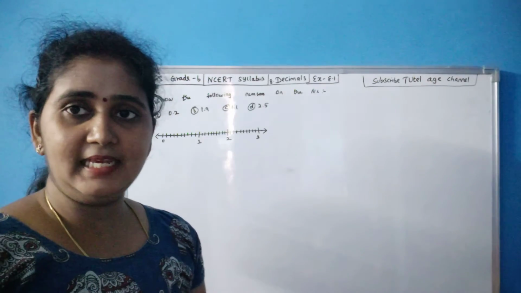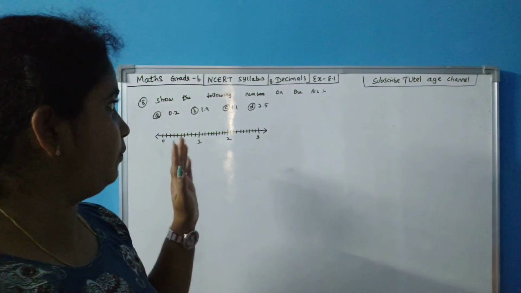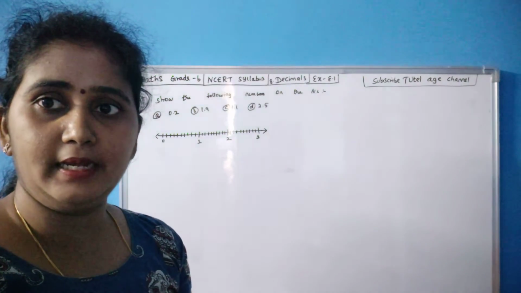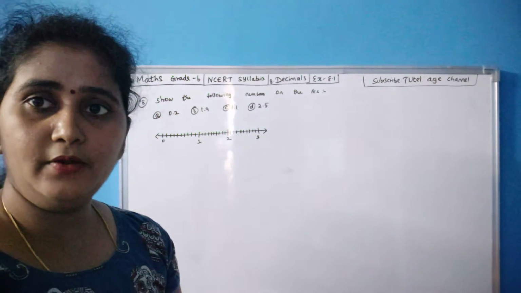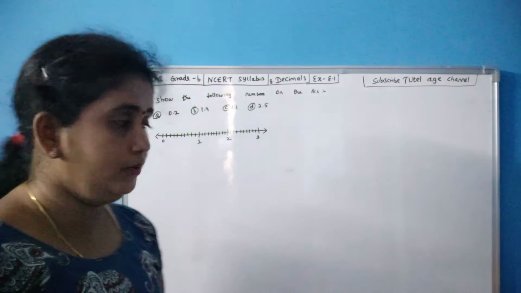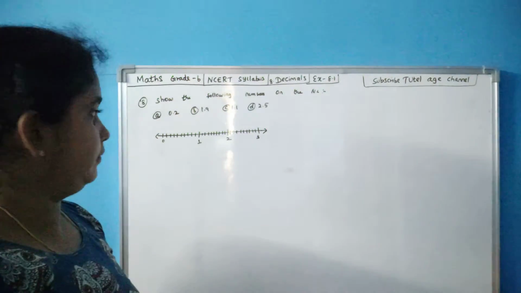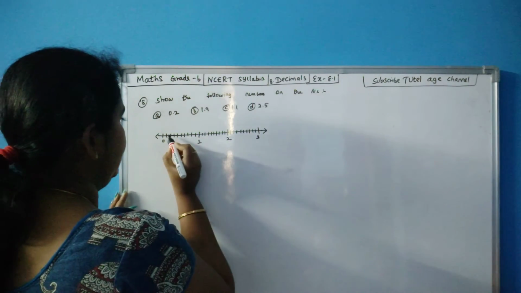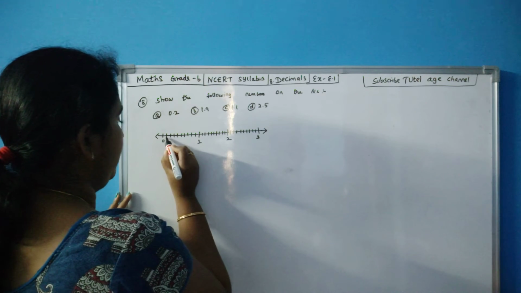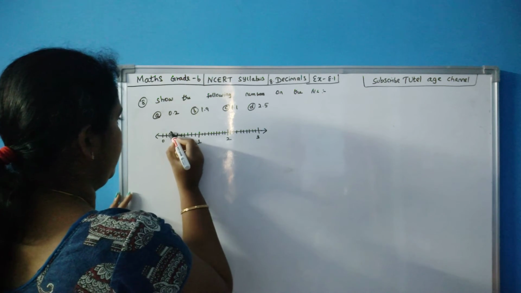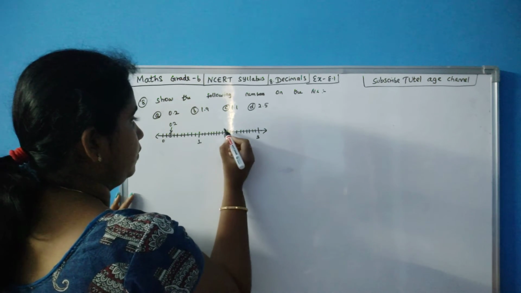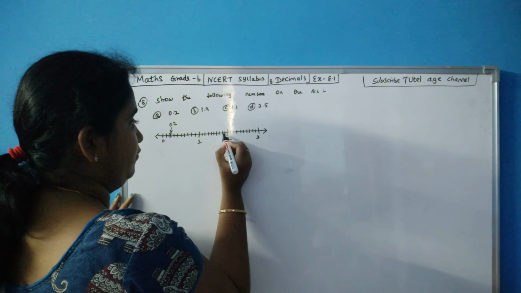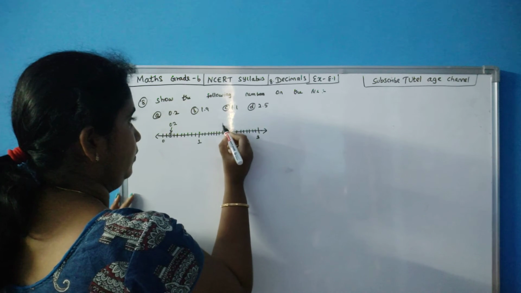Your next sum is that you have to plot the given numbers on the number line. 0.2, so where does it come? 0, 0.1, 0.2. So here is the point. This is 0.2. 1.9 will come before 2, so here is 1.9.